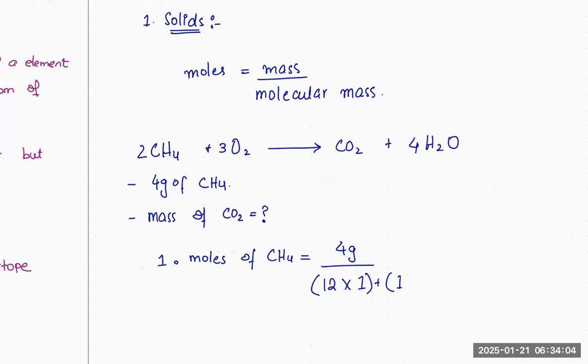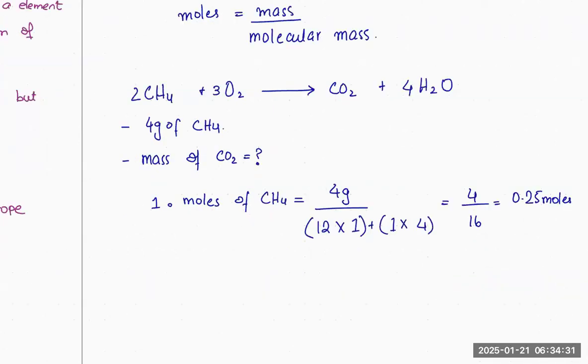So we get 4 divided by 12 plus 4, which gives us 16. So the moles of methane that we calculate are 0.25.